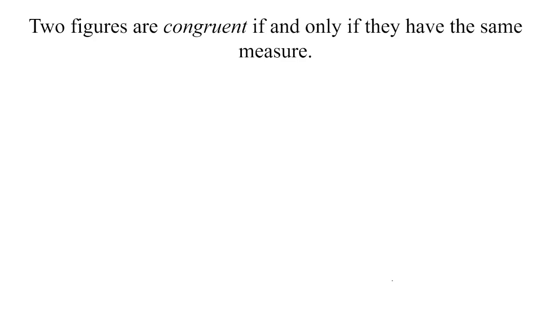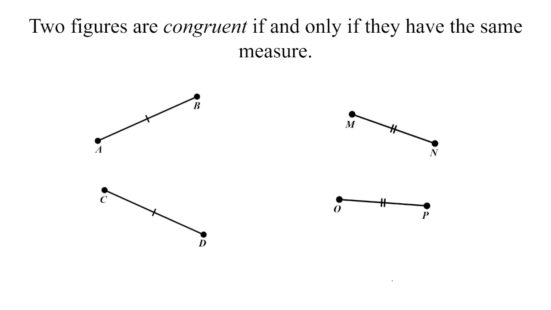Two figures are congruent if and only if they have the same measure. So what you see here are two pairs of congruent line segments. If you look at line segment AB and line segment CD, each of them has a hash mark on them.